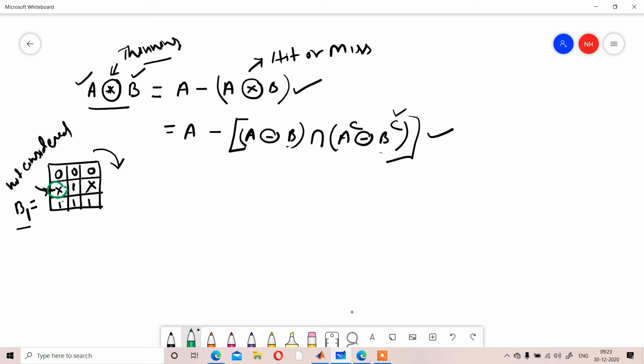So that position may have one shift, here another, two shifts, 3, 4, 5, 6, 7. So 7 shifts may happen over that structuring element. So another 7 structuring elements will be considered for that thinning process. Clear or not?